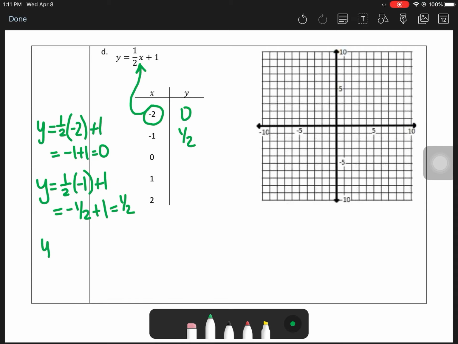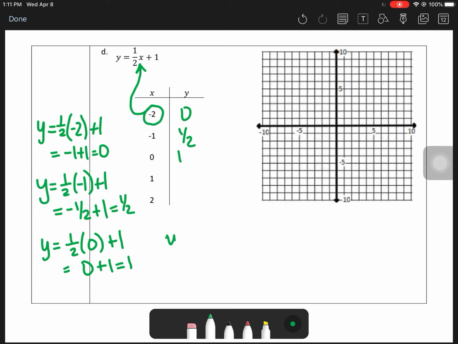Now I'm going to put in a 0. 1/2 times 0 plus 1. 1/2 times 0 is 0, plus 1 would be 1.